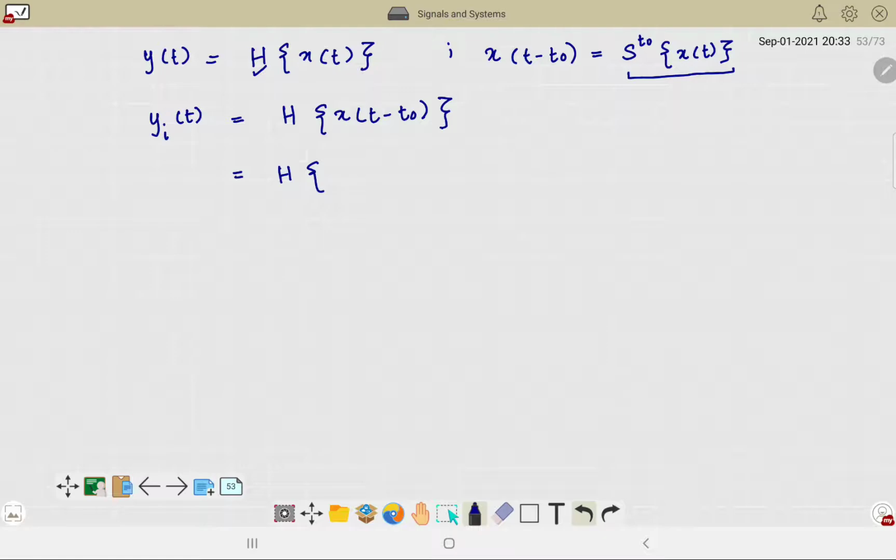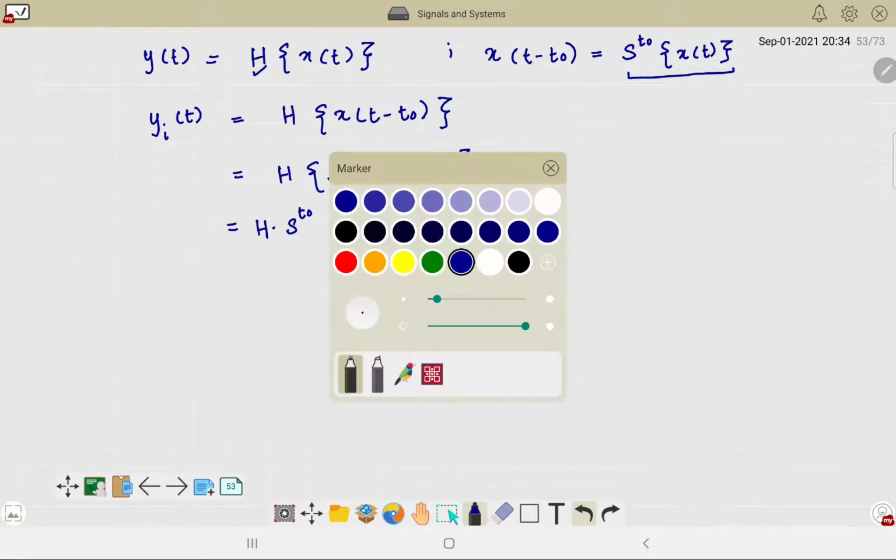I can write it in terms of the shift operator S superscript t naught acting upon x of t. Then I can take these two operators, the H operator and the shift operator, outside. So in combination, these two operators act upon x of t.